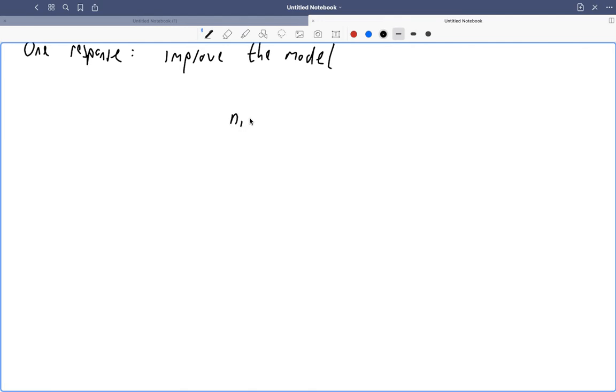So let's start off again with the same start state. N1, N2, no things are non-critical, so then either of them might become critical.